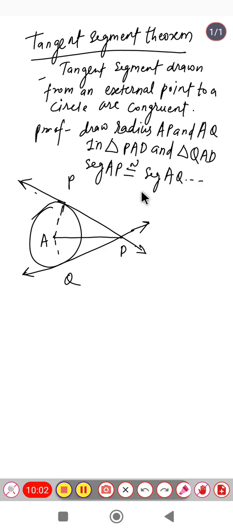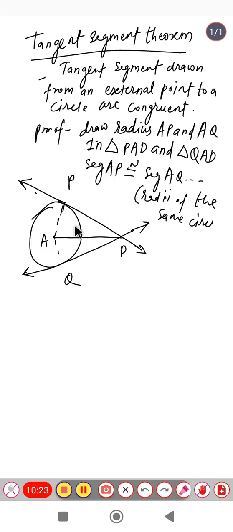Why? Because they are radii of the same circle. Everywhere the radius of the given circle should be the same.